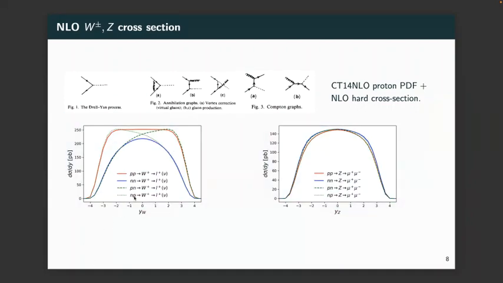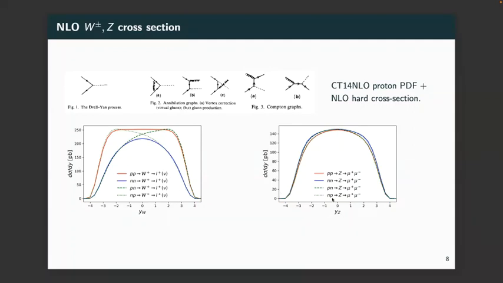And for proton-neutron and neutron-proton, they are asymmetric, and they're related by the flip in rapidity. And you notice that this process is very rare. It's a few hundred picobarns to decay into one of the leptonic channels.